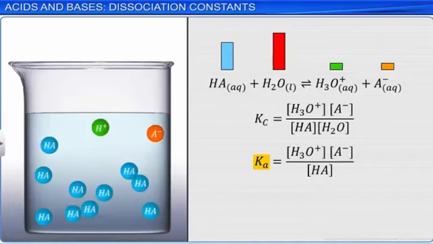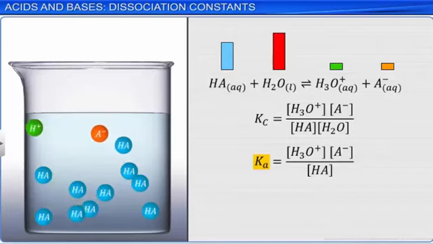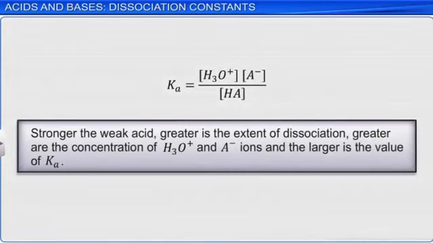In other words, the strength of the acid. The stronger the weak acid, the greater is the extent of dissociation, the greater are the concentration of H3O plus and A minus ions, and the larger is the value of Ka.